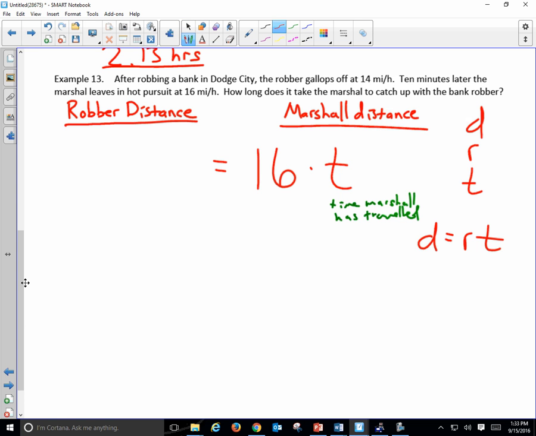What's the rate of the robber? 14 times the amount of time that the marshal has been traveling. But he gets a head start, doesn't he? Plus a distance to account for that 10 minutes. During that 10 minutes, what's his rate?